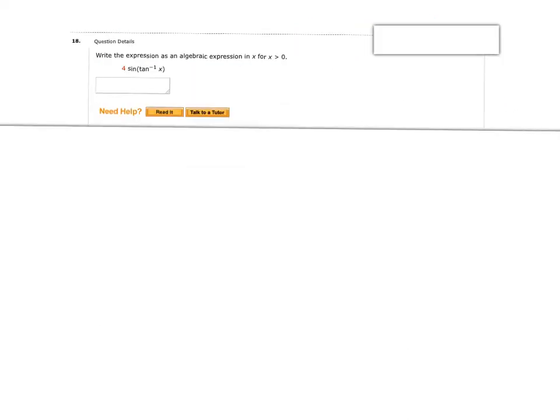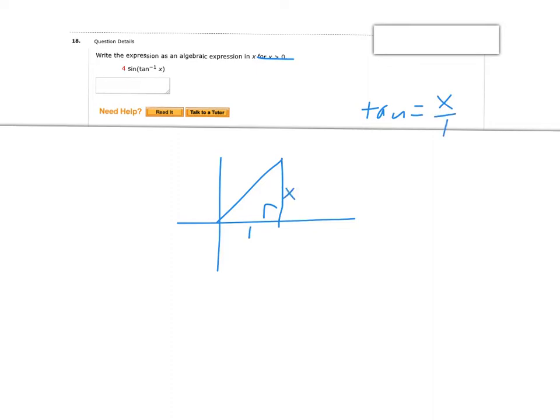All right, next up here, we have a sine and a tan together. Now, what we're going to want to do on this one is actually draw a triangle. And so I'm going to draw a triangle here. I'm going to put it in the first quadrant since they say it's positive. And they're telling me that the tan is equal to x over 1. So I'm going to do the opposite side as x and the adjacent side as 1. And so now it's asking me to find the sine of the triangle I just drew.